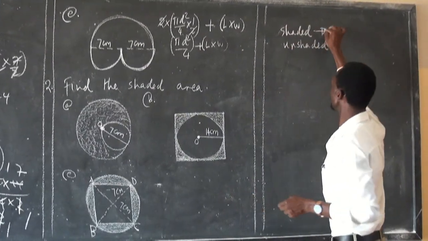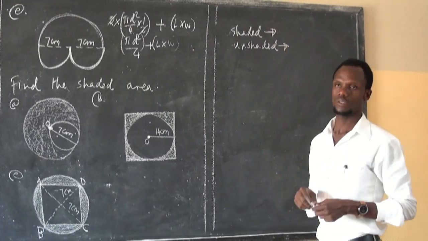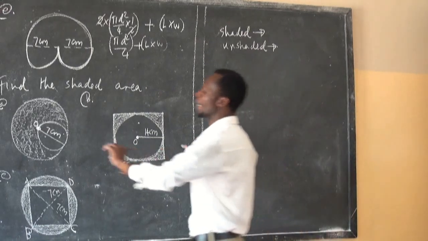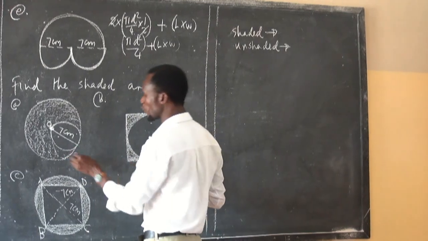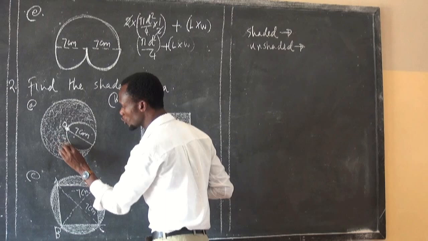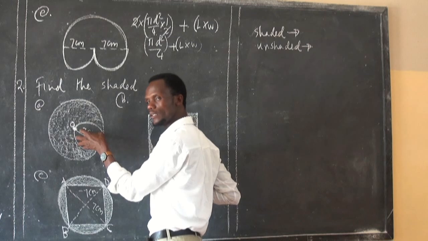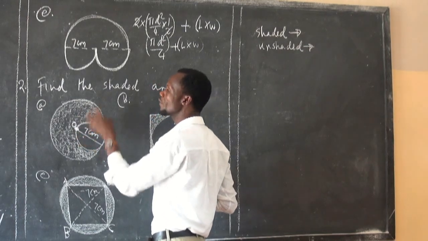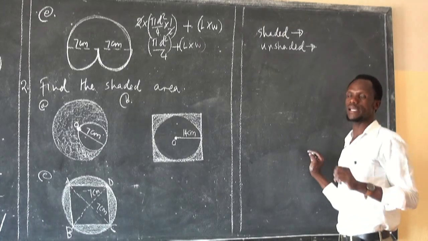Shaded, iliyotiwa kivuli, halafu unshaded ambayo haina kivuli. To determine the shaded area, you should have the area of the whole figure, then you remove the one which is not shaded, so that you remain with the one which is shaded. That is how we determine the shaded area.